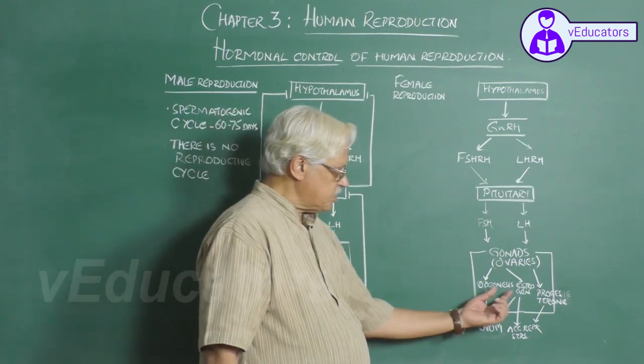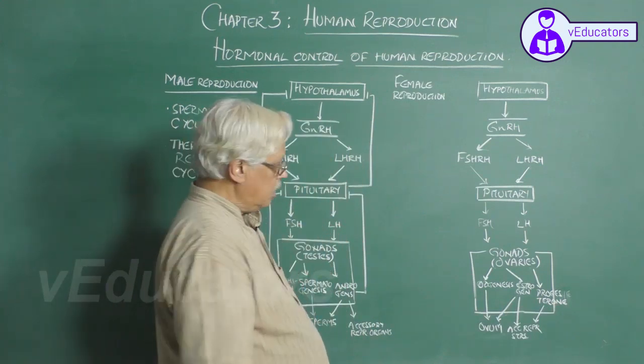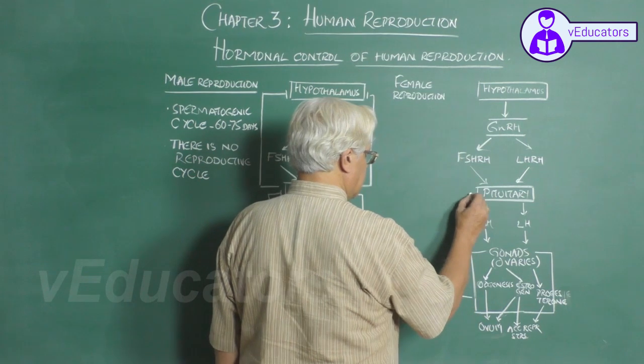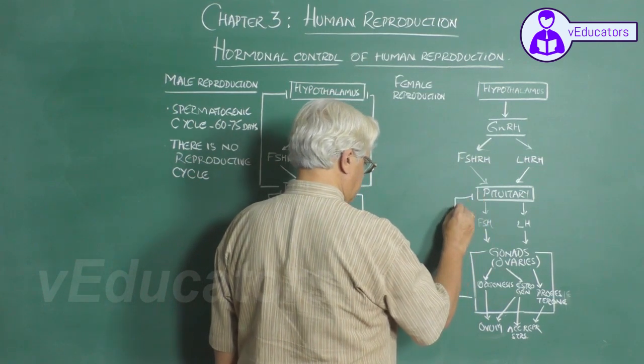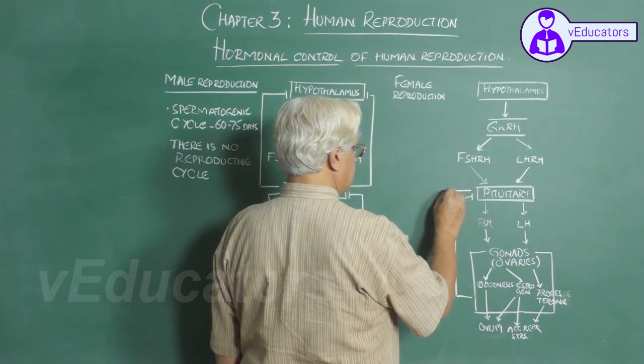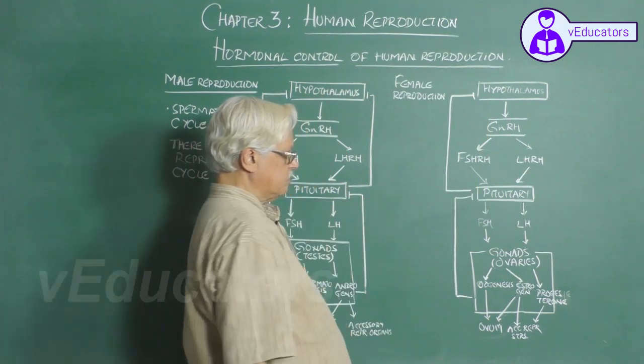So variations occur in the concentration of estrogen and progesterone, and based on this there is a negative feedback to the pituitary, from the pituitary to the hypothalamus.